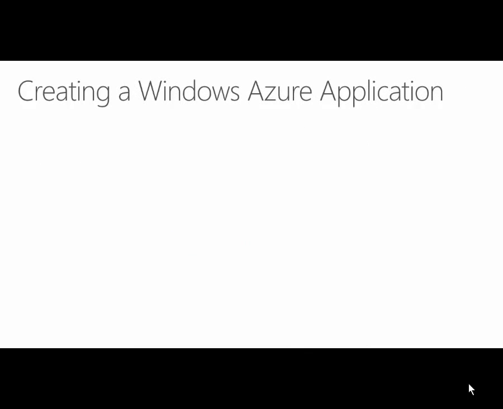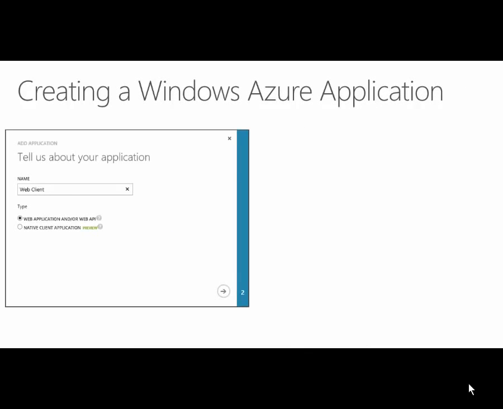Once you do that, we're going to be prompted for an add application window. In the name field, we're simply going to type in a descriptive name for this application. Some will say I'm going to call it the URL that I'd call web client. Some will be something that's just specific that I can identify in my Azure domain.